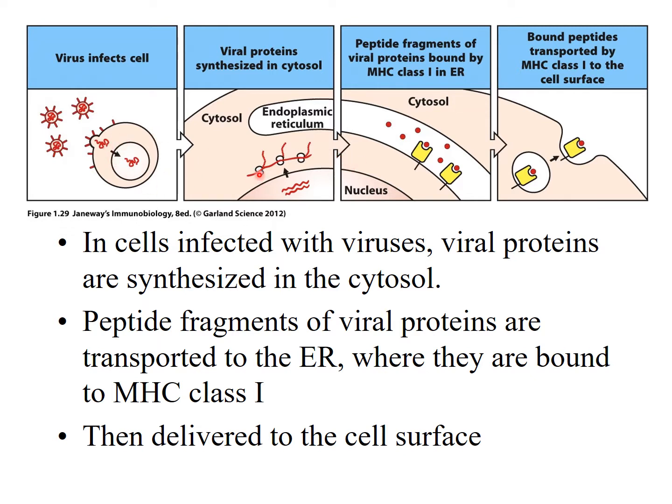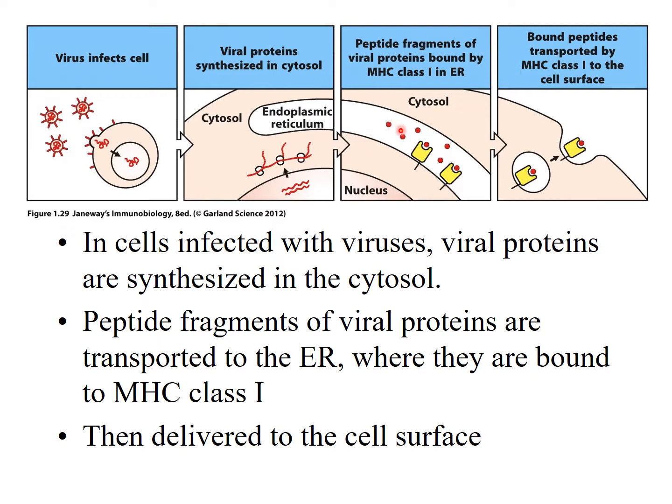Well, it turns out every one of our cells has within it the ability to take any proteins that are being made, transport them into the ER where they get chopped up. Once they get chopped up, they get put into major histocompatibility complex 1. Complex 1 then traffics to the plasma membrane.